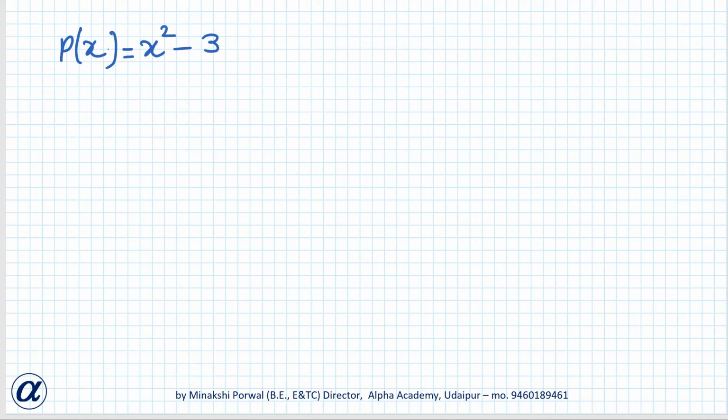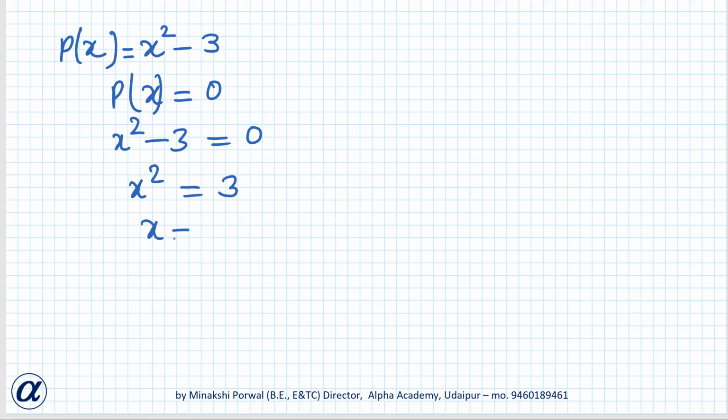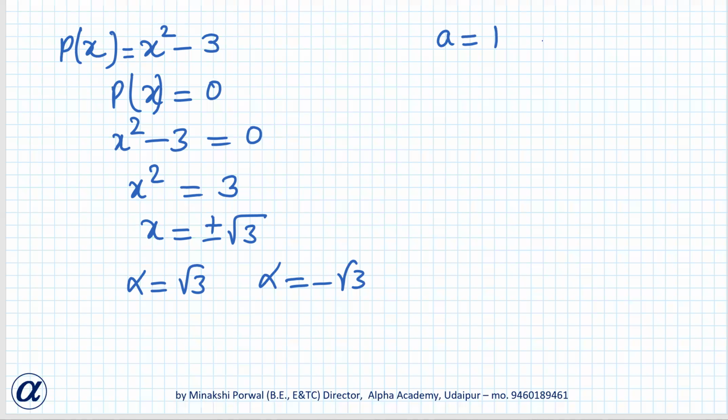Ma'am, the zeros will be plus root 3 and minus root 3. Okay, so first of all we'll put p of x equals 0, that is x square minus 3 equals 0, x square equals 3, so x equals plus or minus root 3. So alpha equals root 3 and beta equals minus root 3. What are the values of A, B, C? A equal to 1, B is 0 and C is minus 3.